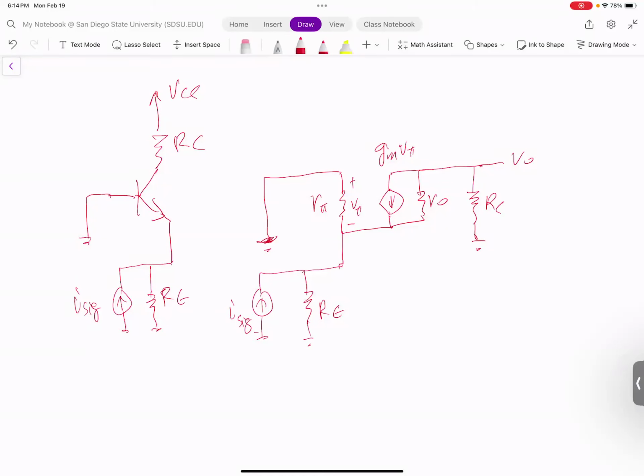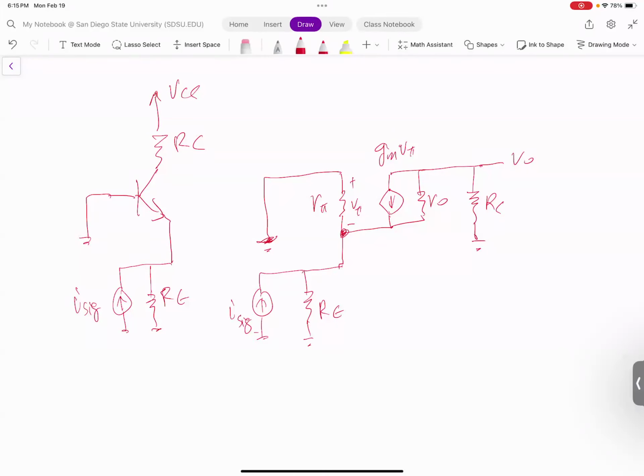The only difference you see here is this R pi, which will complicate the whole calculation process. You have to be really careful to derive the actual input resistance, output resistance, and gain.